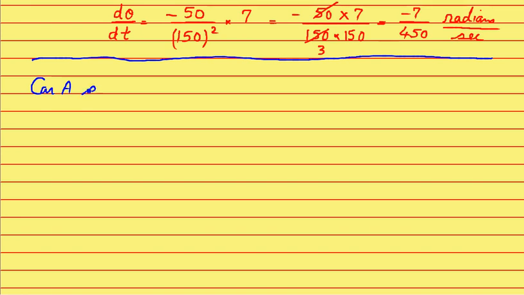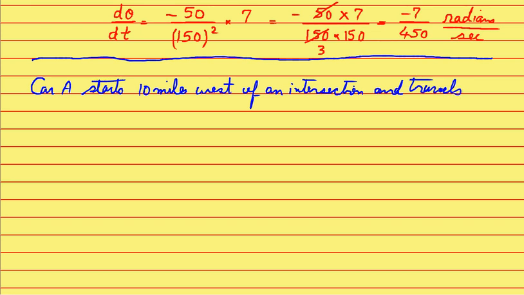Car A starts 10 miles west of an intersection and travels east at, say, 20 miles per hour.